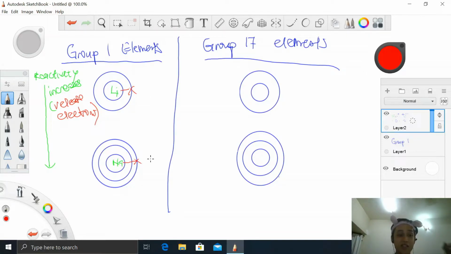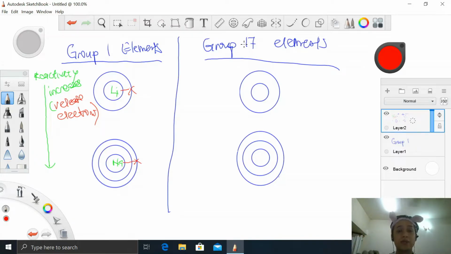So it's easier to release the electrons. Therefore, reactivity will increase down the group. Okay, so for group 17 elements, their reactivity is going to be totally opposite from group 1. Okay, so an easy way for you to remember is like this. Group 1, release electron, meaning as you go down the group, reactivity increases, right? So group 17 is totally opposite.